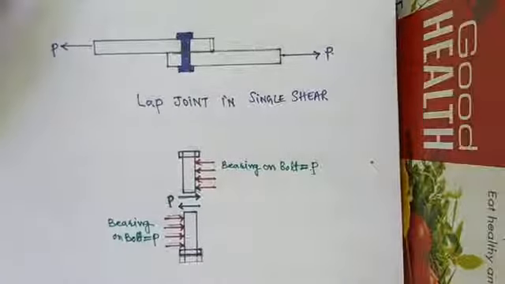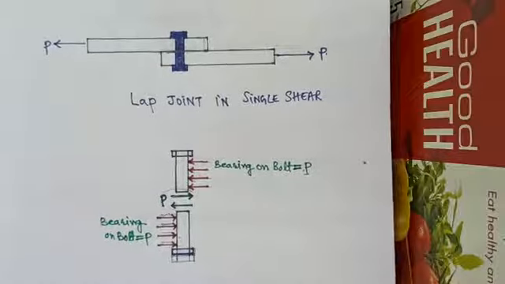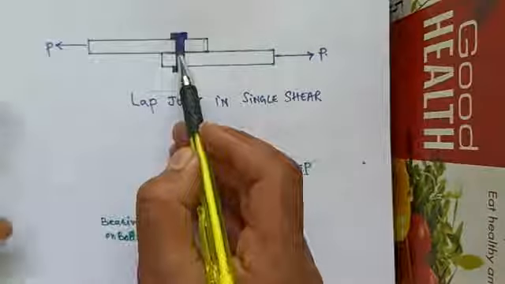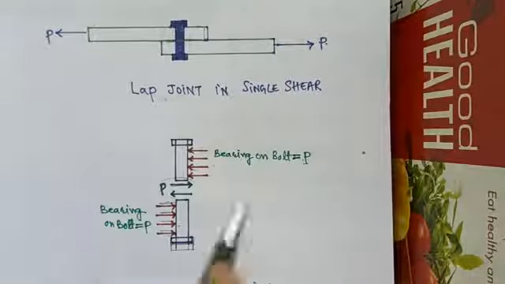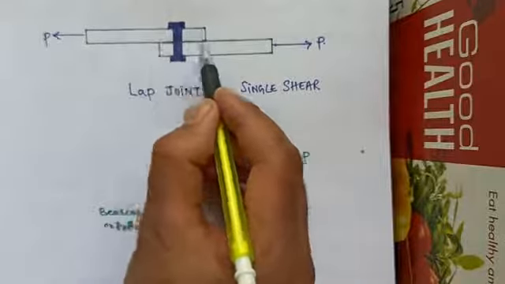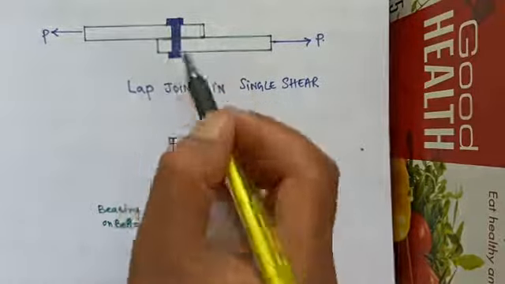Now as you can see, in the case of lap joint, the bolts are in single shear. That is, there is only one plane of shear failure at the interface between the plates.